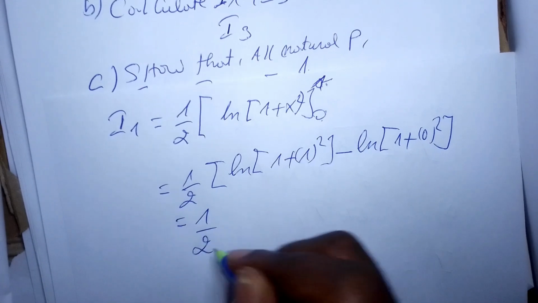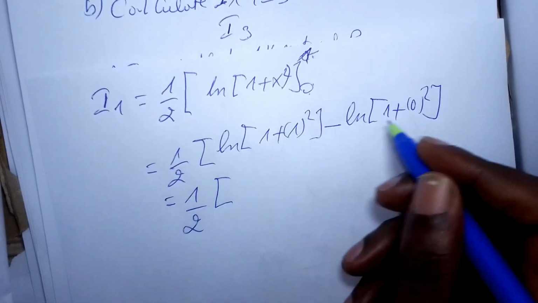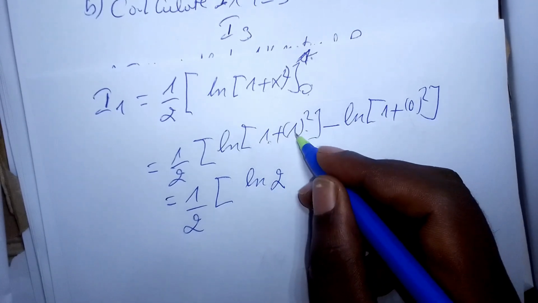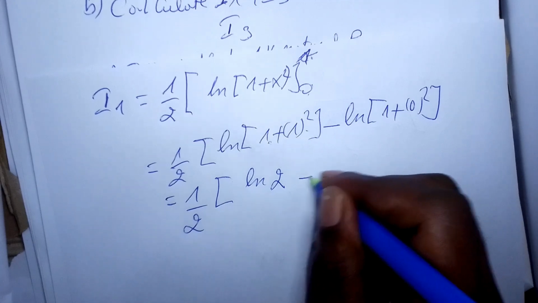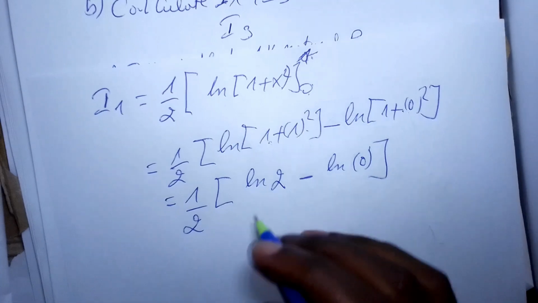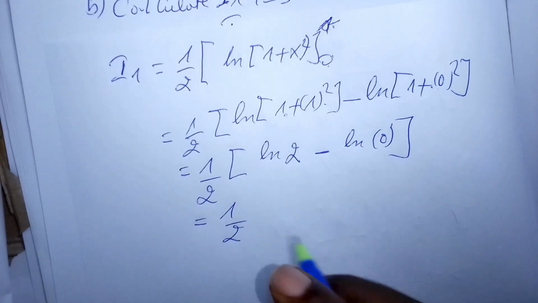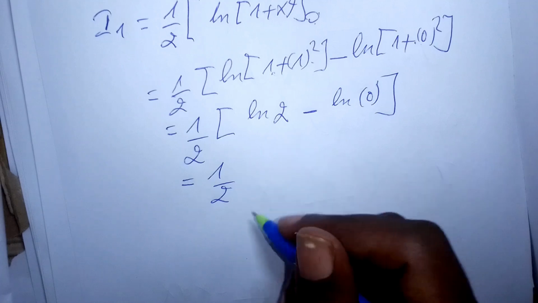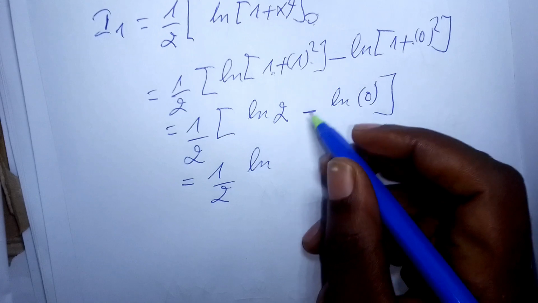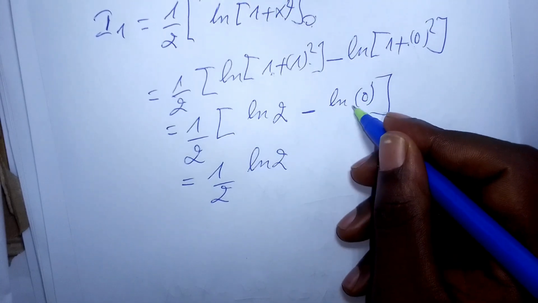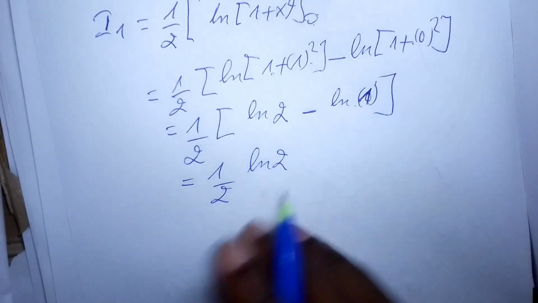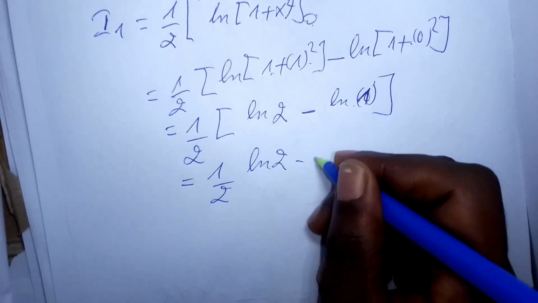So we have 1 over 2 times ln of 2, because 1 squared is 1, minus ln of 1. ln of 1 is 0, so minus 0.